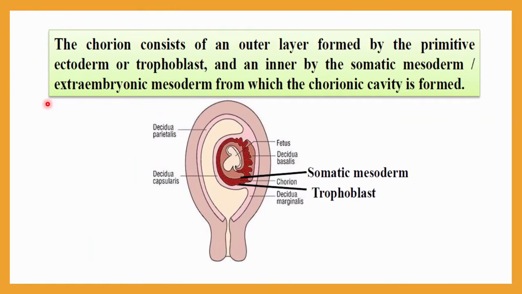Parallel to gastrulation, you can see here this structure is the chorion. The chorion consists of an outer layer and an inner layer. The outer layer is formed by the primitive ectoderm, also considered the trophoblast. The inner layer consists of somatic mesoderm, also called extra-embryonic mesoderm, from which the chorionic cavity will be formed.